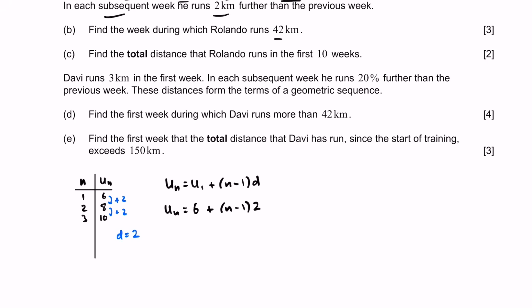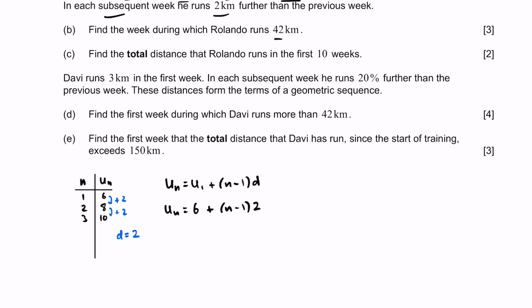All right. So now we've got our formula for an arithmetic sequence, and essentially we've got a function which accepts inputs and outputs. We substitute some value for n, and it gives us the total value that the person would run after this number of weeks. Reversing that process, if we have 42, we can substitute that output and then find the input.